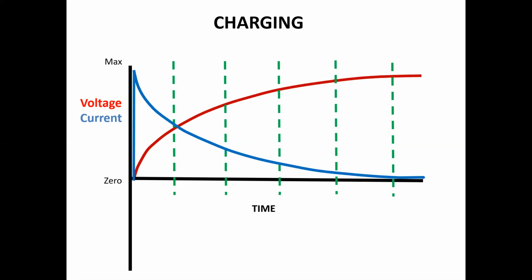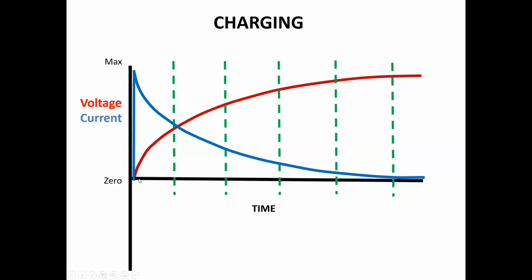Blue is the current. And so what we saw when we first hooked the capacitor up is that the current spiked to its maximum charging value. So the total current of the circuit increased substantially as soon as we connected it to the source. That's because the source is providing current or electrons to the capacitor in order to charge it up to the same potential as the source itself.